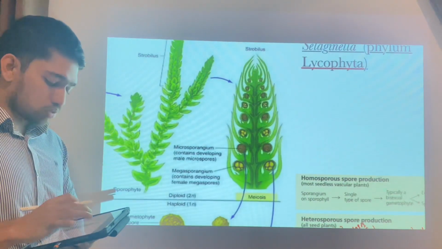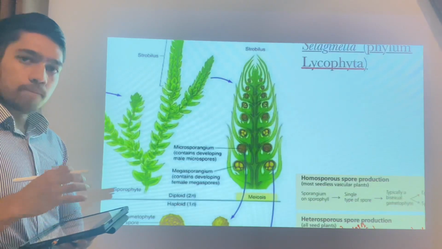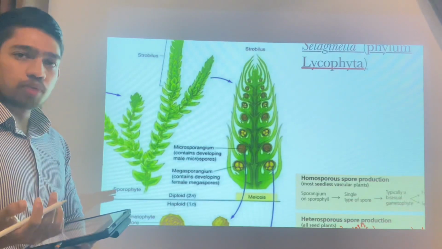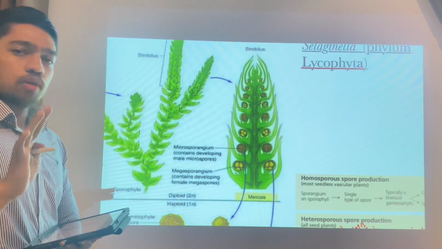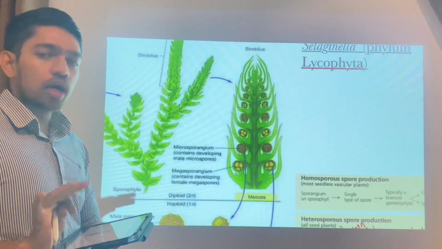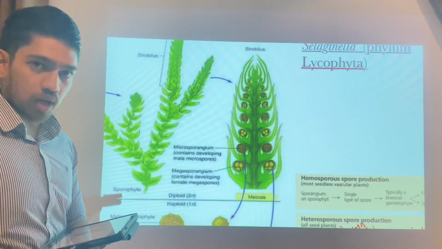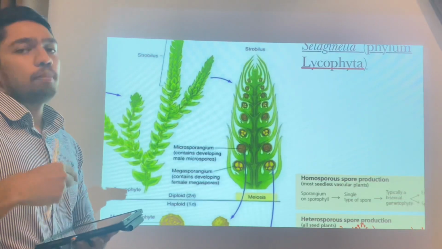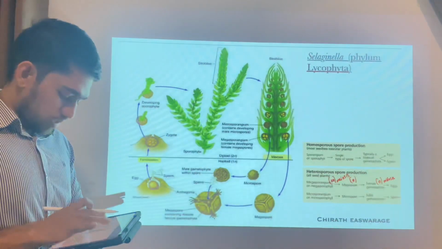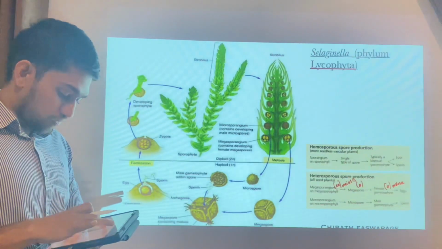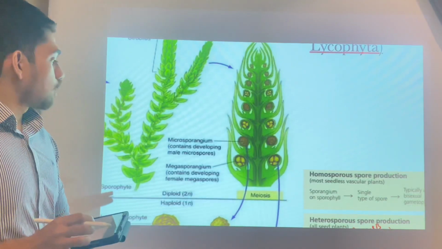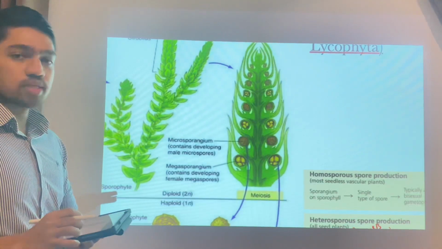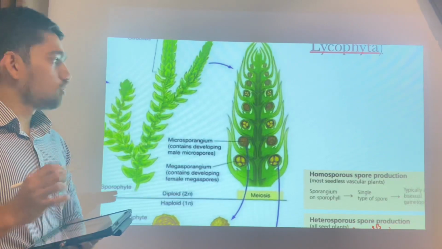In the strobilus, we have sporophylls that produce both megaspores and microspores. The sporophylls that bear megasporangia, which produce megaspores, are known as megasporophylls. And the sporophylls that bear microsporangia, which produce your microspores, are known as microsporophylls.